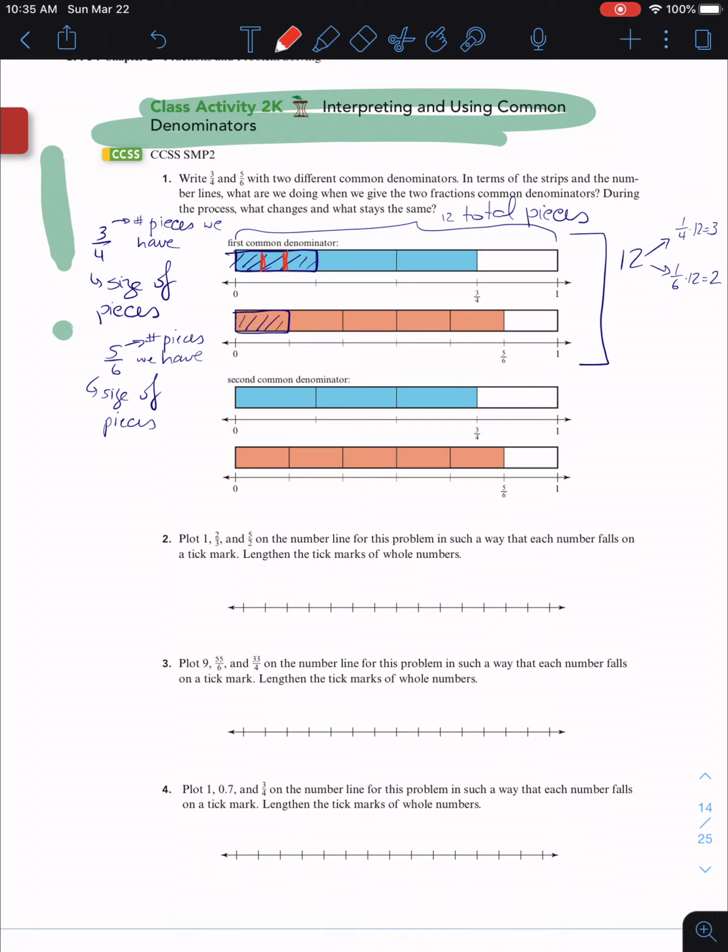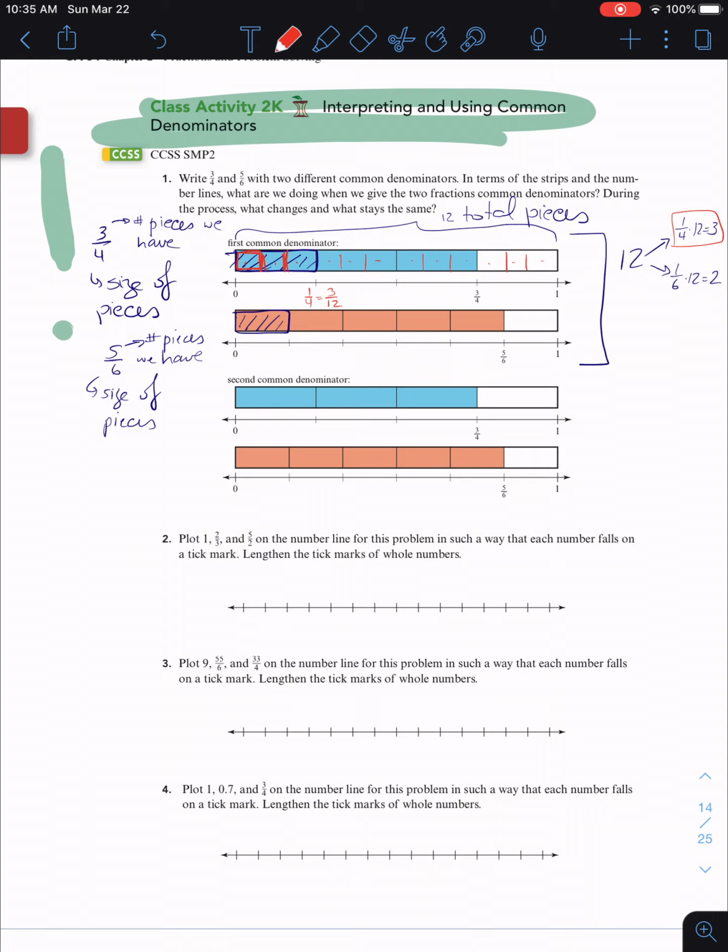Then we would have 1, 2, 3, 4, 5, 6, 7, 8, 9, 10, 11, 12. So this is a 12th. And 3 of those is a quarter. That's really interesting. 3 of the 12ths is a quarter. So we can represent this quarter as 3/12.